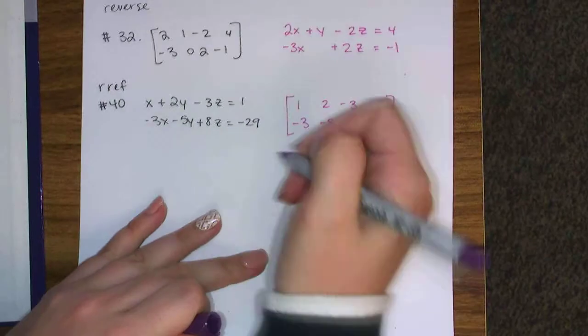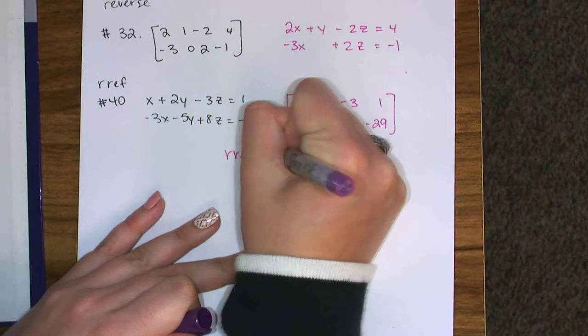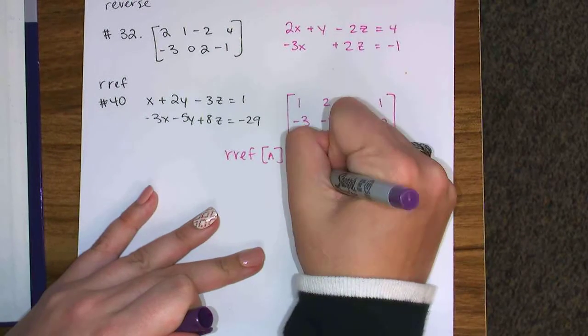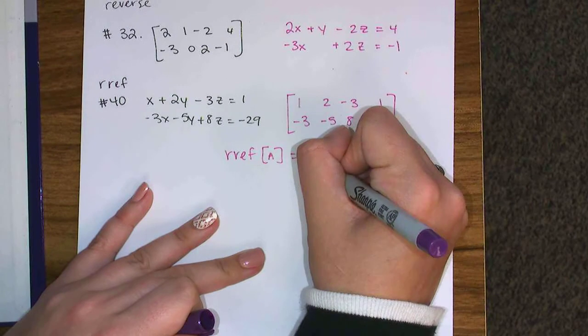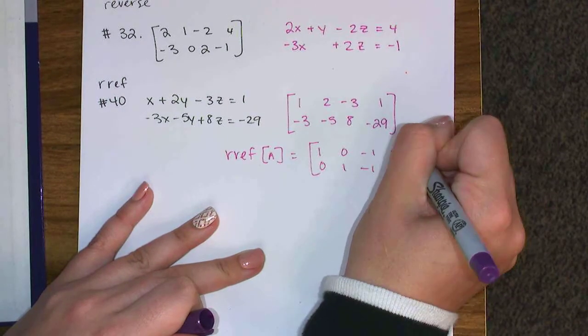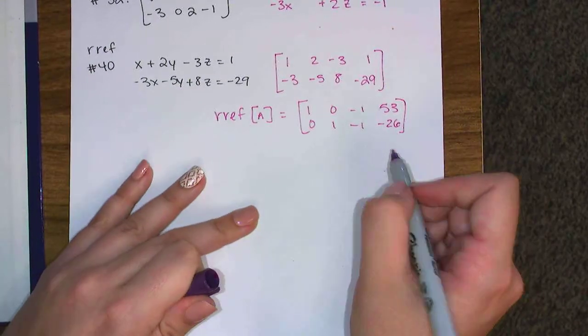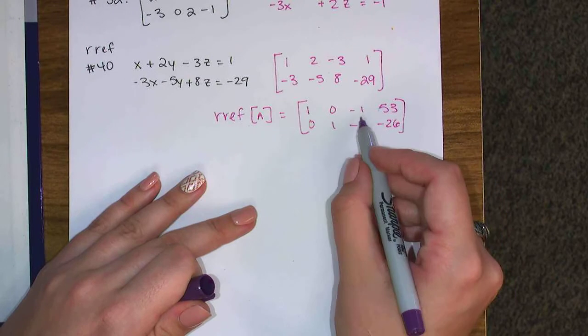After doing RREF of the matrix, I get 1, 0, negative 1, 53, 0, 1, negative 1, and negative 26. Now, when I go to write this, I don't just say x is 53 and y is negative 26. That's not true because of these negative 1s here.